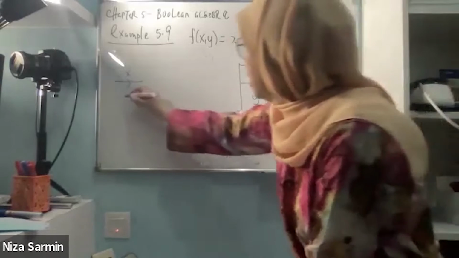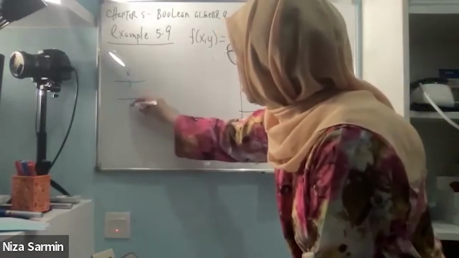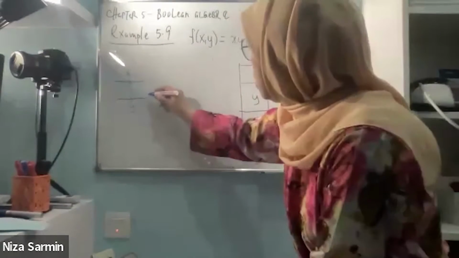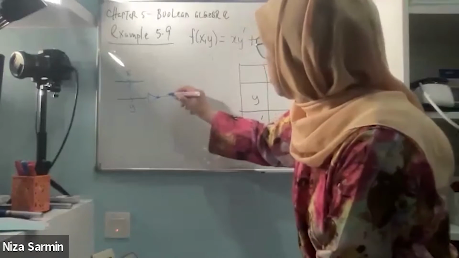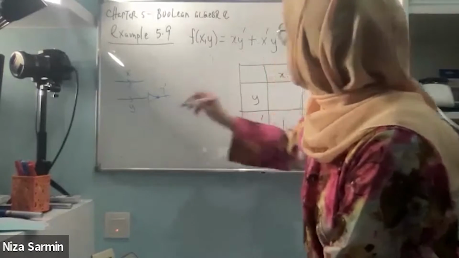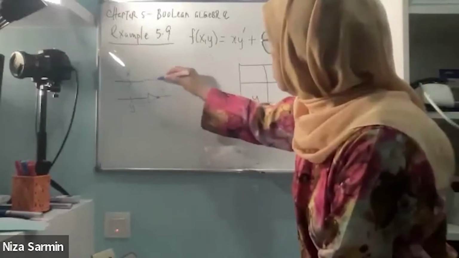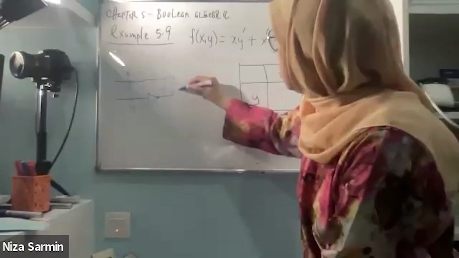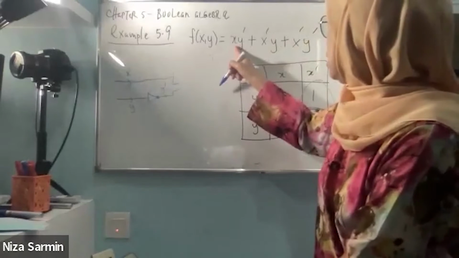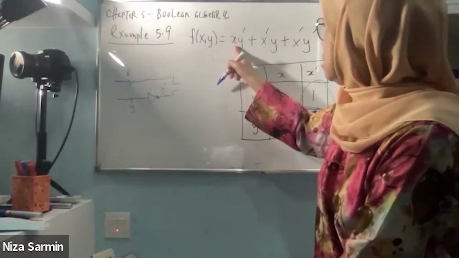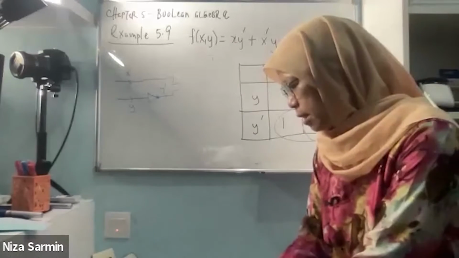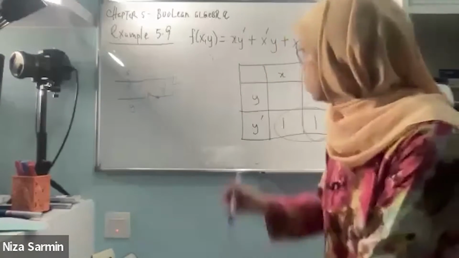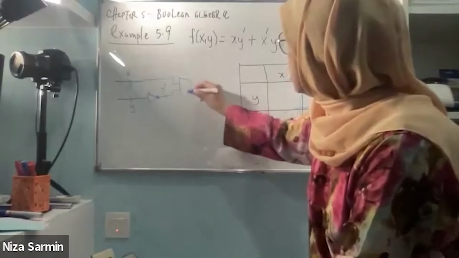So if you have X and then you have Y, then you need the Y prime, yeah? And then you need to do X with Y prime. And this is a dot. So just now, when it's multiply, then you have this, right?